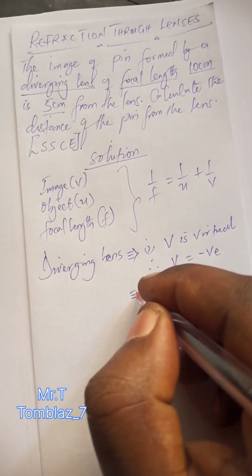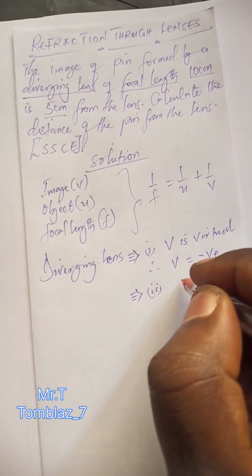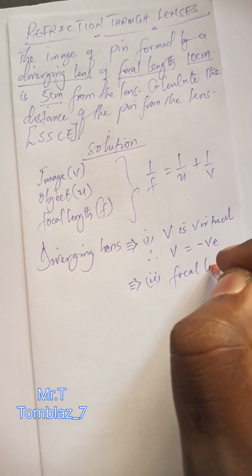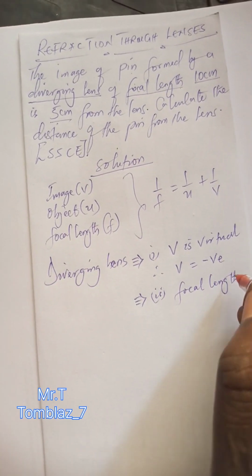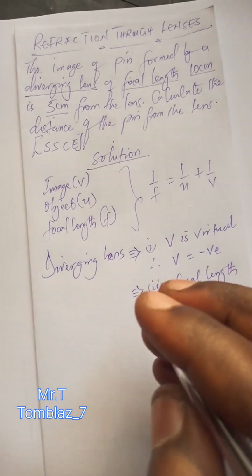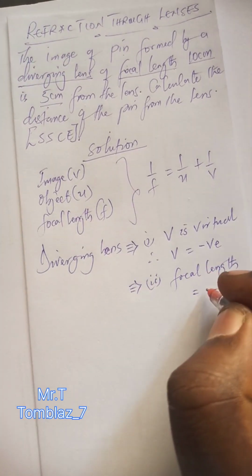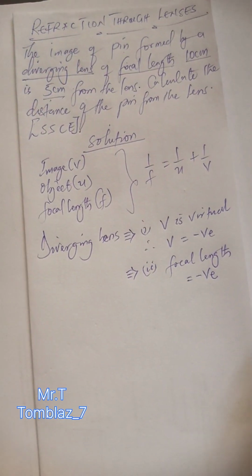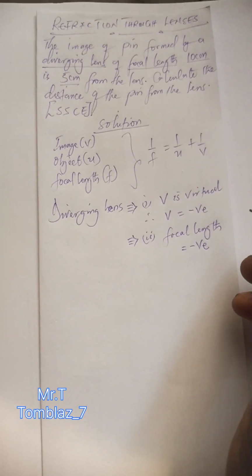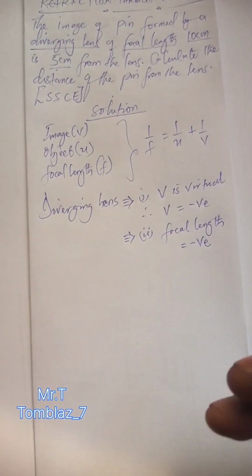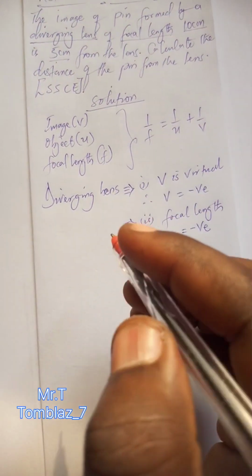And also, the focal length is also what? Negative. For every diverging lens, the focal length is negative.